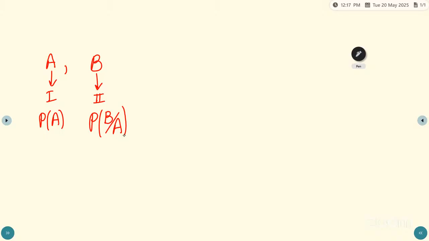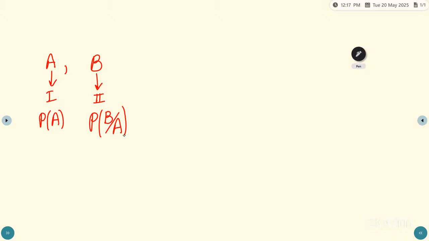Whatever we are writing after the bar needs to have happened as a result of the first trial. After happening A, as a result of the second trial, B occurred.